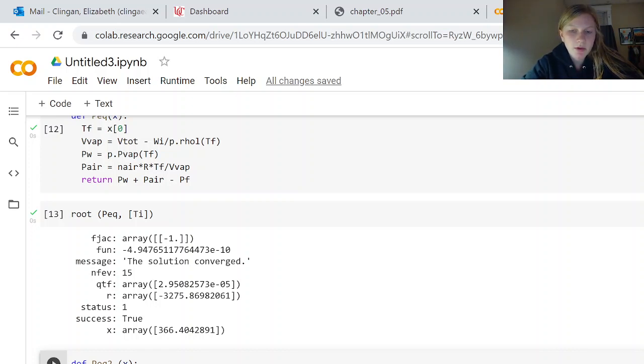Okay, and then we wanted to return two functions that we want to go to 0, the sum of the partial pressures again. And then second, the difference in the number of moles in the vapor phase. Okay. And then we just want to make sure we put in the number of moles that it gave us, which is this variable, and then it was 0.3.